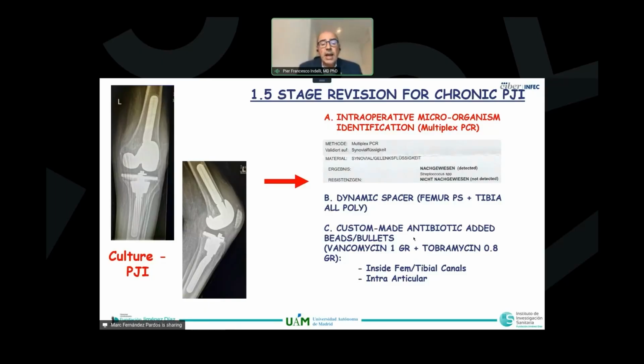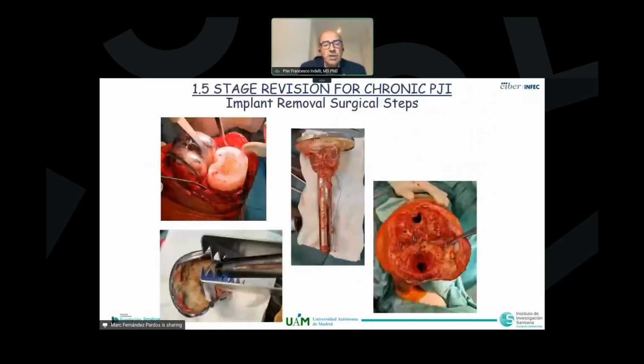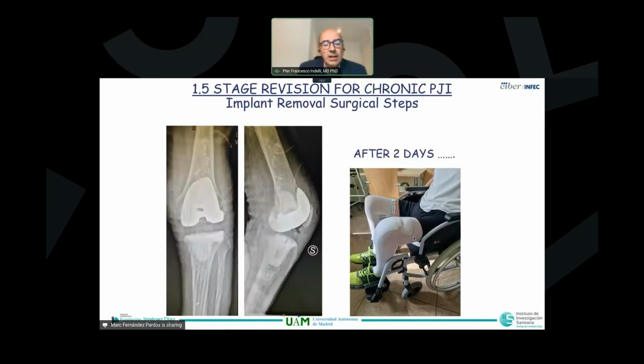In this case, we decided to use a dynamic spacer made by a PS femur and an old poly tibia, and we built our custom-made antibiotic-added beads thanks to the identification of the microorganism. You see some of the surgical steps with the removal of the implant. And then you see the patient after 2 days, after the positioning of this one stage spacer, sitting comfortable in his wheelchair.